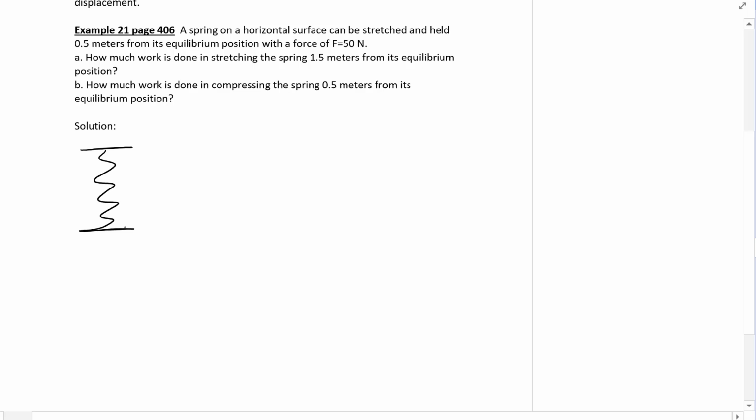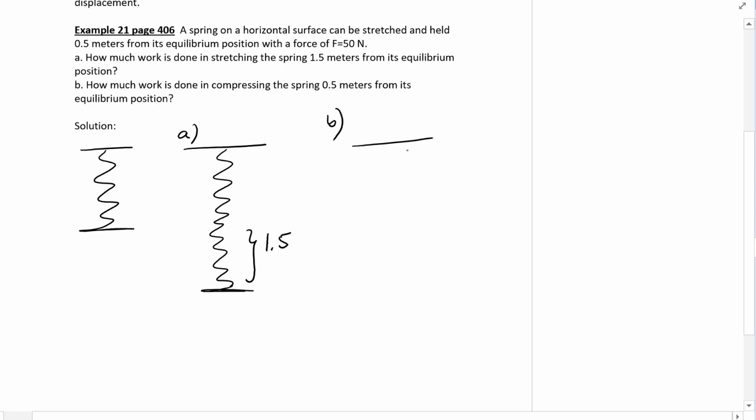This would be the spring in equilibrium position. In part A, we want to stretch it 1.5 from its equilibrium position. And in part B, we want to compress it 0.5 from its equilibrium position.